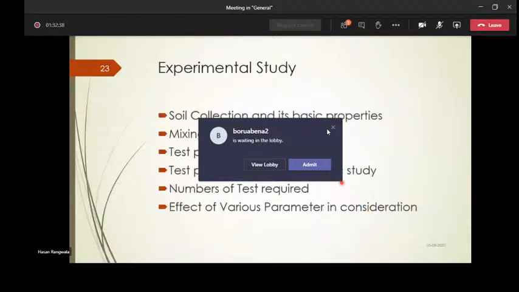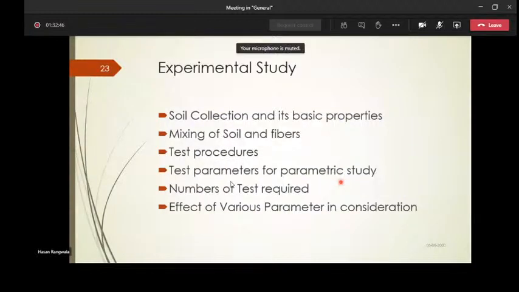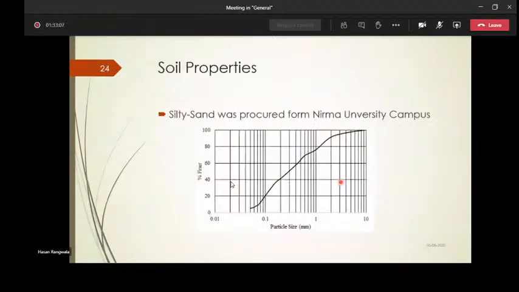Okay. The experimental study basically consists of soil collection, mixing of soil with fiber, and some tests. I hope mostly we will not go into the test procedure, but some test parameters, the number of tests that would have been required, and the effect of these parameters.